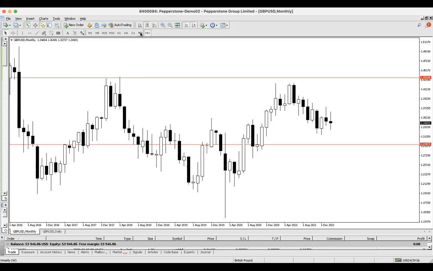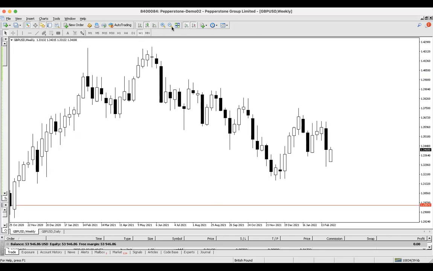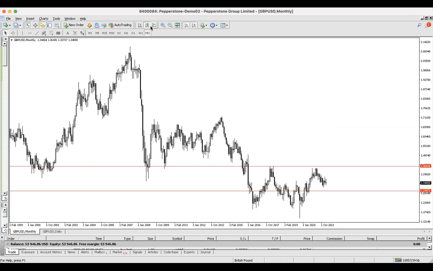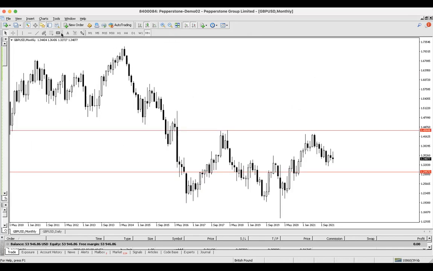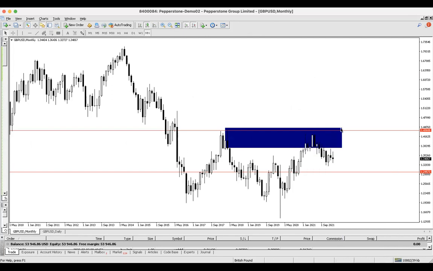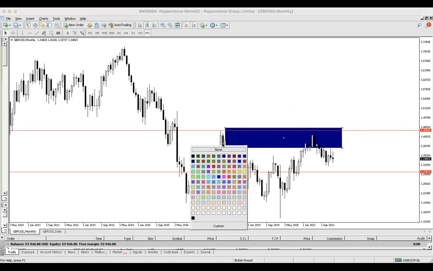So if we go on our weekly time frame, these are the areas. So which means, look, if price comes here, we are preparing to sell. Let me mark it.